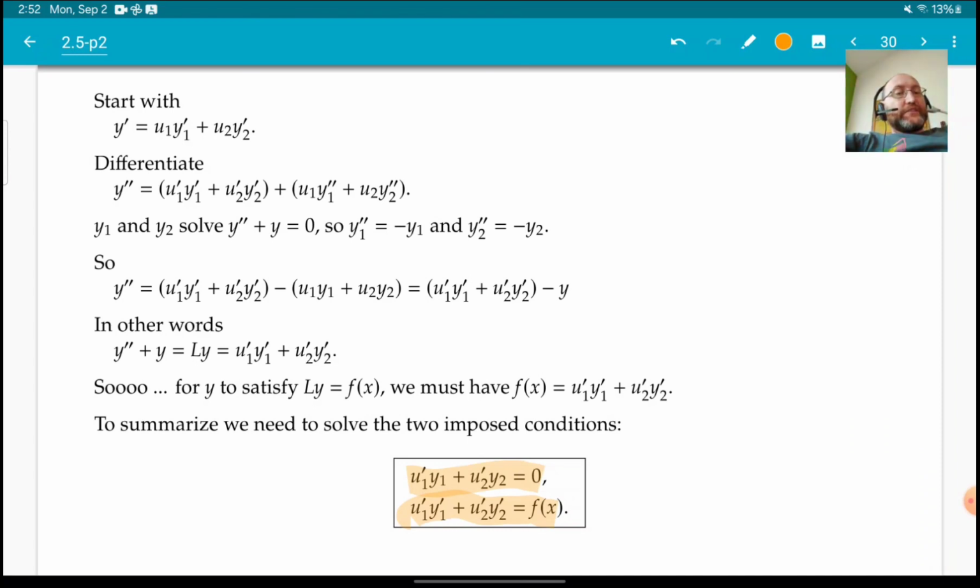It's just this 2 by 2 linear system, and we can do that algebraically. Once we have u1 prime and u2 prime, we can integrate those, find some antiderivative, and once we have u1 and u2, we just plug that into the formula for y, and we have a solution.